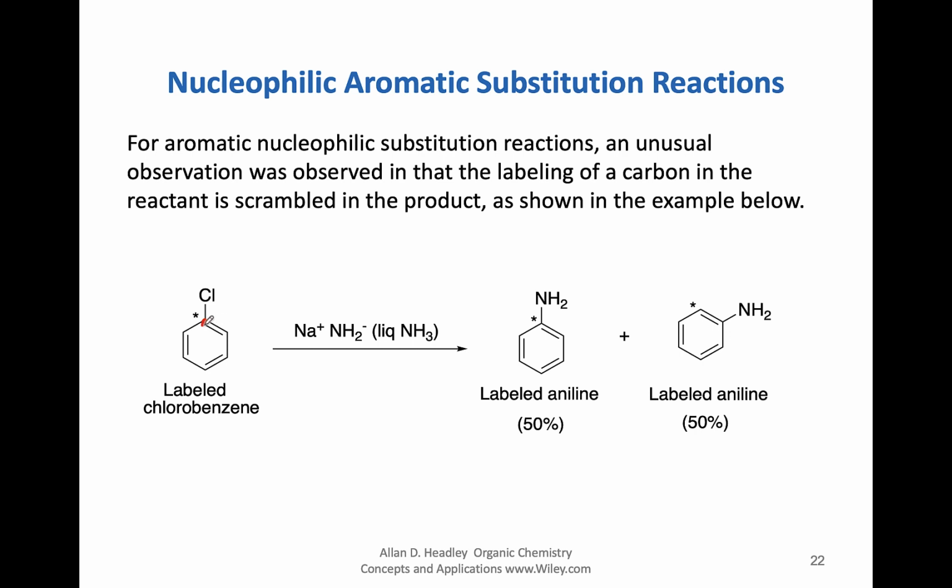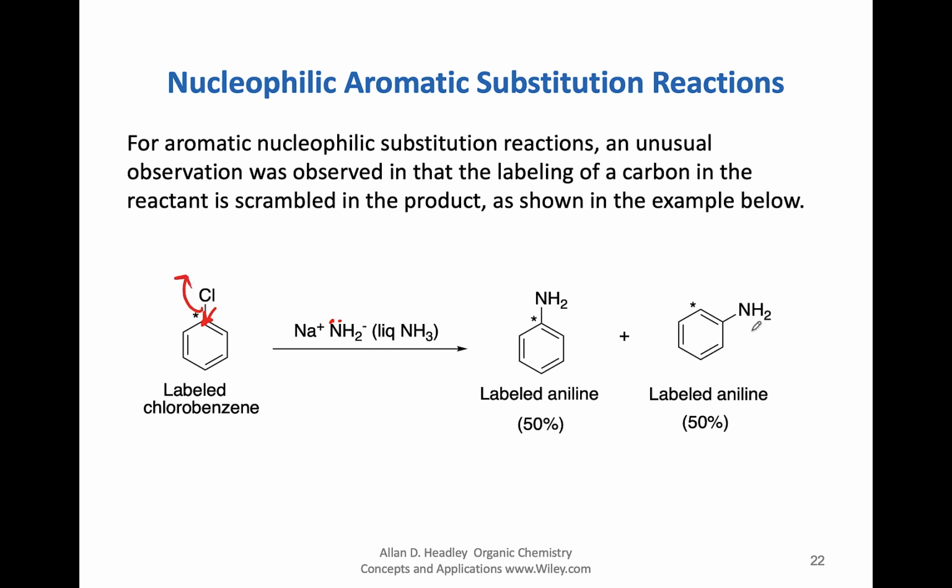So let's use a labeling for this carbon right here. If we should do the nucleophilic substitution, here's the nucleophile, it's coming in here and going here, we'd expect this to be the only product where the substitution occurs here and this leaves.